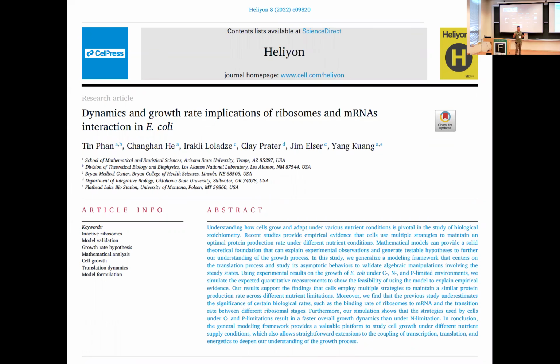Most of the cells in our body take a few hours or a few days or a few weeks. They were able to limit carbon, nitrogen, and phosphorus one at a time, and they found that each limitation has a different impact on the growth rate.